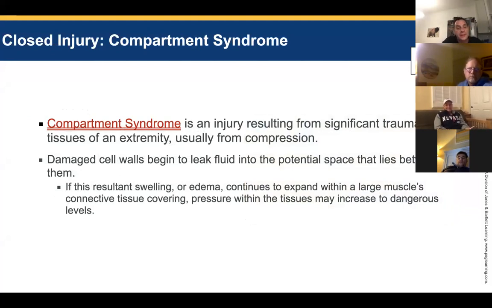We'll move on here. Compartment syndrome is an injury resulting from significant trauma to the tissues of an extremity, usually from compression. So somebody trapped, pinned against something, and it's causing compression. And so compartment syndrome, it damages cell walls, which begin to leak fluid into the potential space that lies between them.